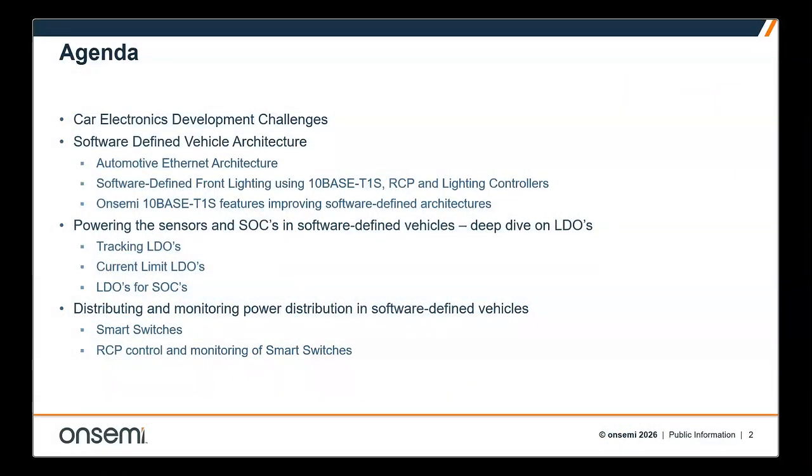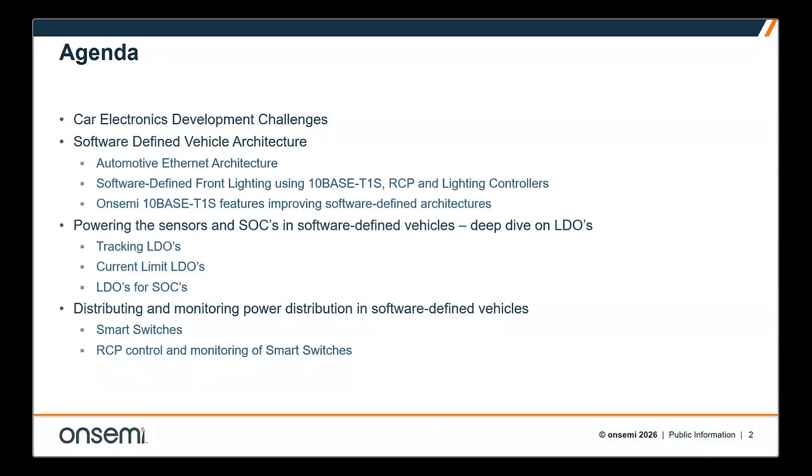Here is where we are heading today. We will start with the development challenges shaping car electronics. Then move into software-defined vehicle architecture and the automotive Ethernet that ties it all together. From there, we'll get practical, with software-defined lighting using 10BASE-T1S, RCP, remote control protocol, and a lighting controller. We'll see some examples.